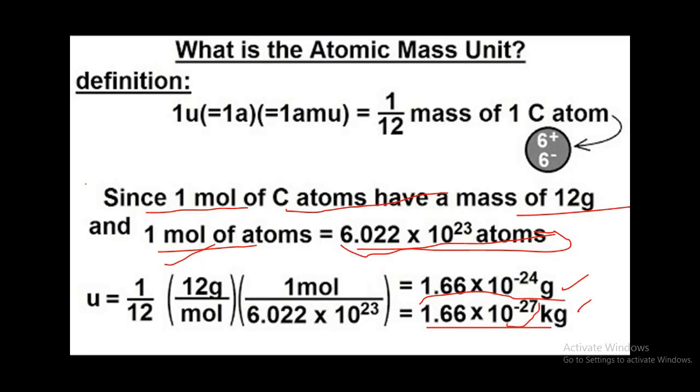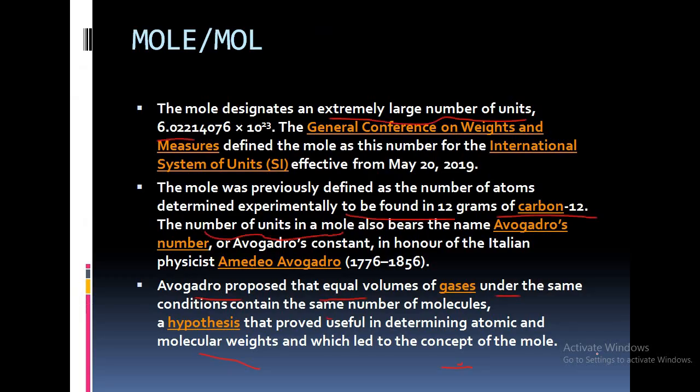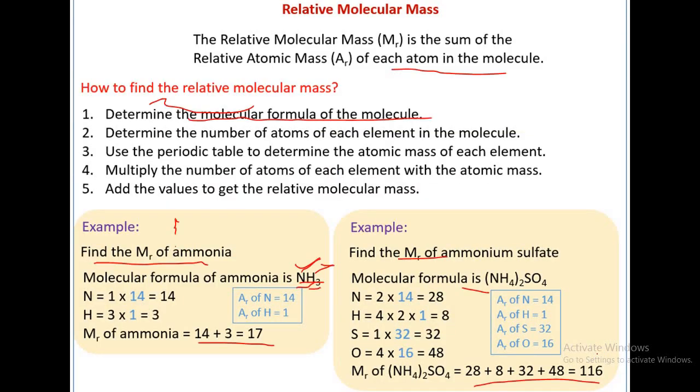Then write down the definition of atomic mass unit, and write 1 atomic mass unit equals dash gram and 1 atomic mass unit equals dash kg. This is just for your extra information.